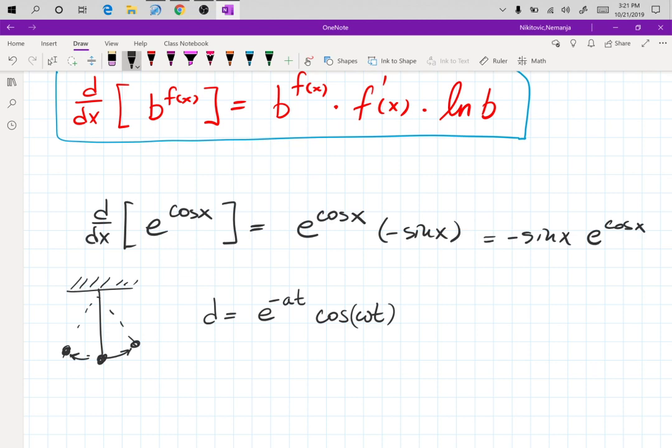That negative a t term, that negative a, is the one that actually stops the pendulum from moving eventually.